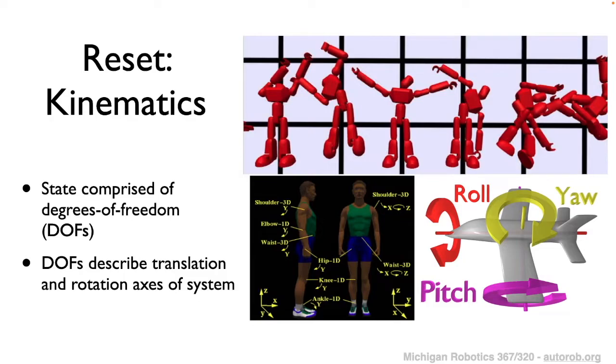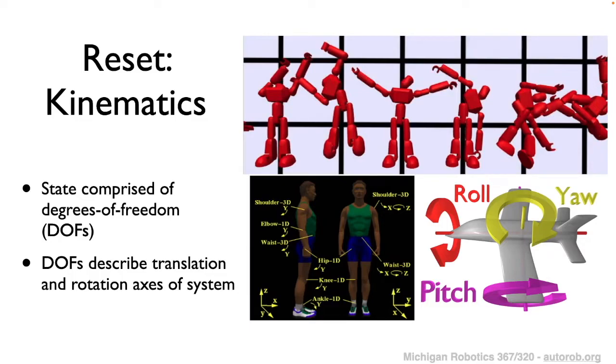These degrees of freedom are described by translation or rotation axes for individual parts within the system. As we try to model those degrees of freedom, the first thing we're going to be trying to model is the kinematics.